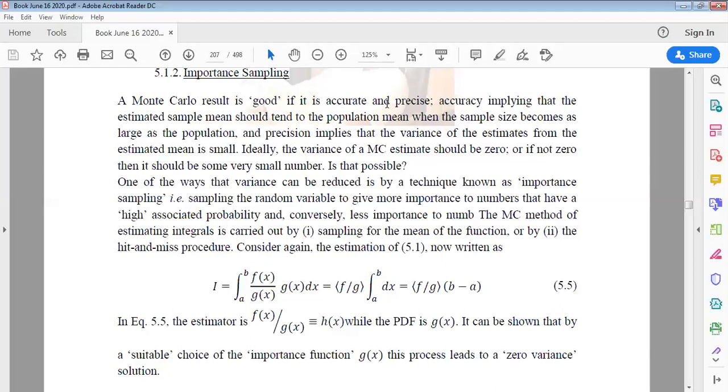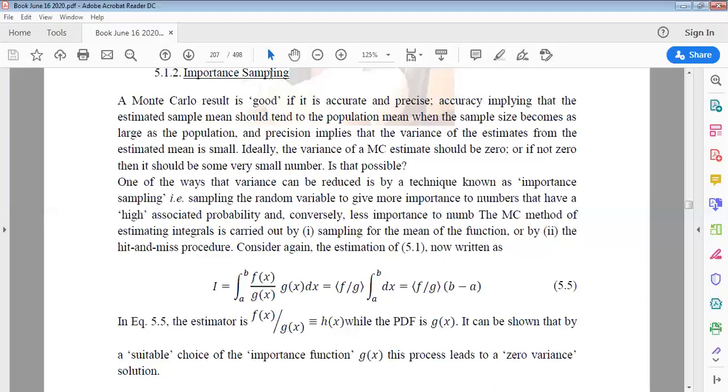So one of our goals is to reduce the variance of our estimate. And when we reduce the variance of our estimate, we talk of importance sampling. Importance sampling in the sense of the adjoint function is also correct, which I introduced very early to you. I said there's something called the adjoint flux, and just as there's the forward flux, when we don't say anything, we mean the forward flux.